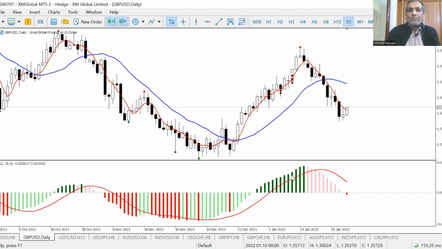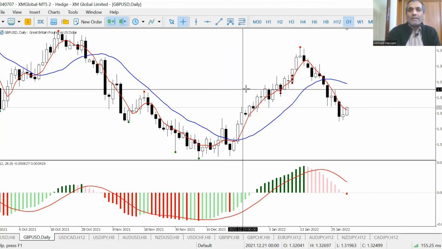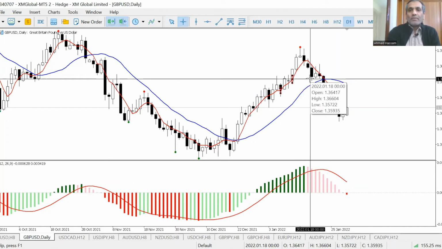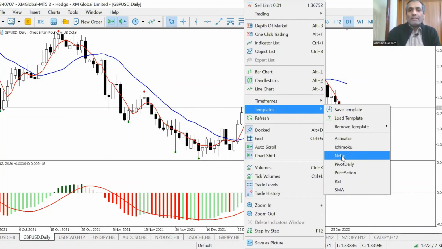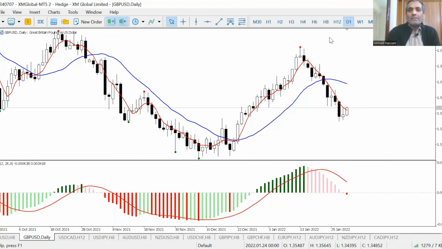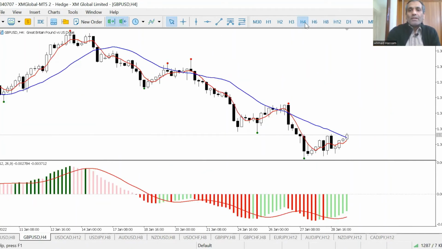Here the trend was up, MACD was green, we would only open long trades. So we use higher time frames to get the direction. But we make the entry and exit decisions using lower time frames like H8, H6, H12.